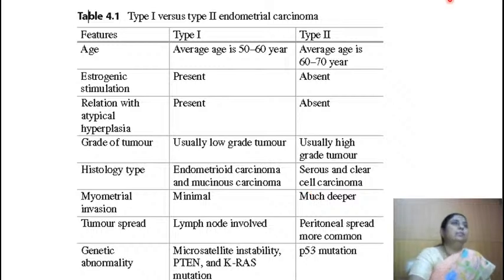Now, when it comes to the grading of the tumor, usually type 1 tumors are low grade tumors and type 2 tumors are high grade tumors, meaning they are less differentiated.